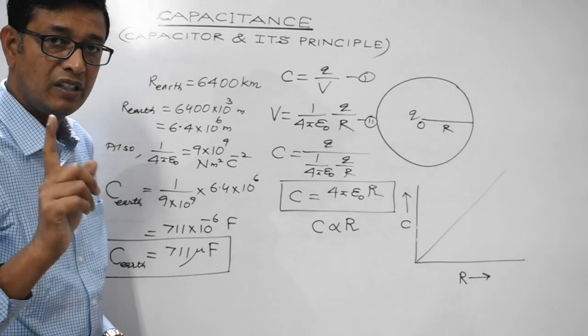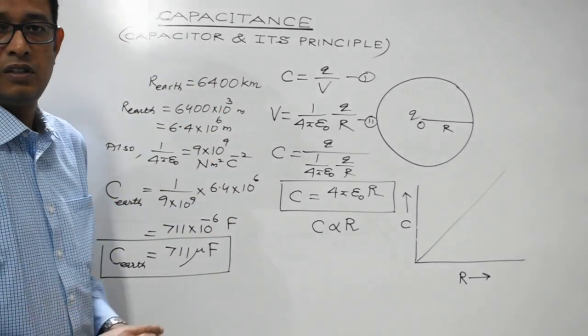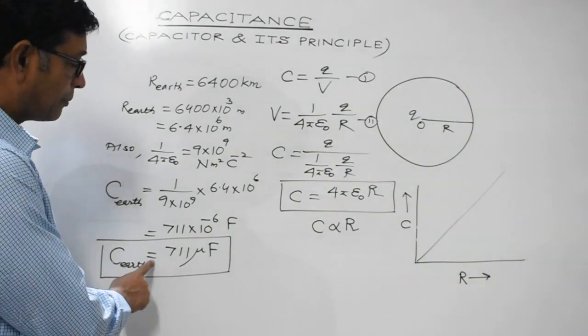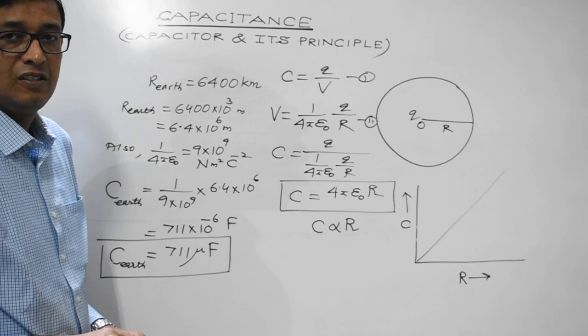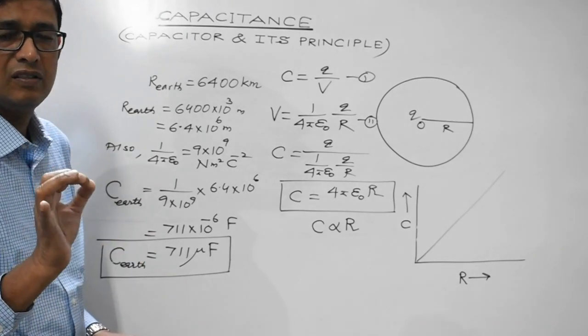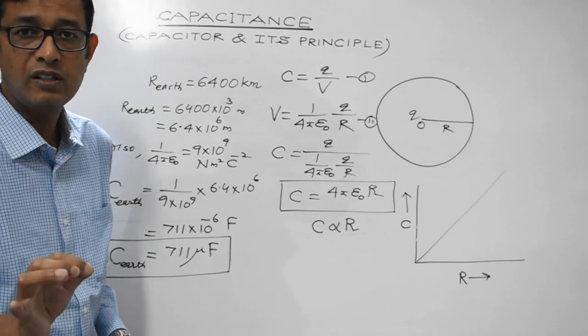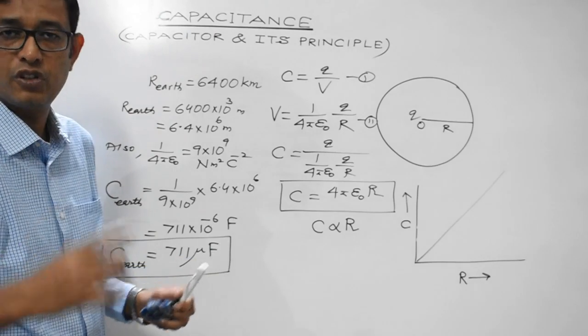Point to be noted over here is that Earth, in spite of its huge size, has a capacitance of only 711 microfarad. So the thing which we conclude is that farad is a huge unit of measuring capacitance. Farad is a very, very large unit.